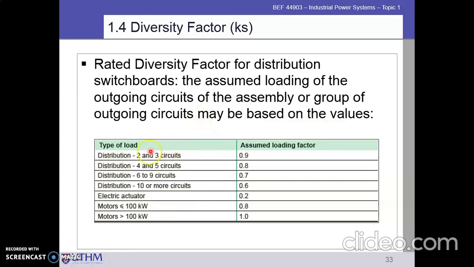Distribution for 2 and 3 circuit, the diversity factor is 0.9. 4 and 5 circuit, 0.8. 6 to 9 circuit, 0.7. 10 or more, 0.6. Electric actuator, 0.2. And motor less than 100 kilowatt, 0.8. Motor more than 1 kilowatt is 1.